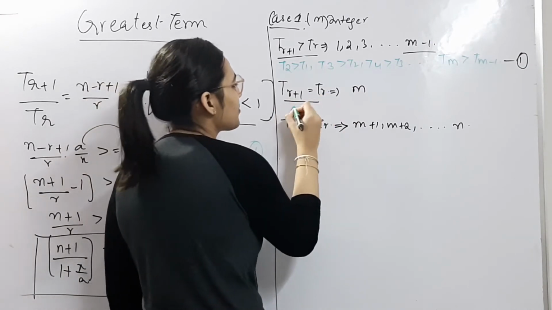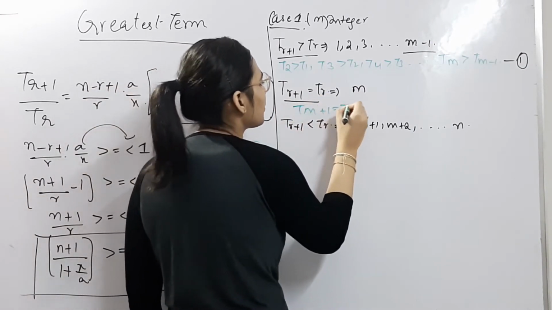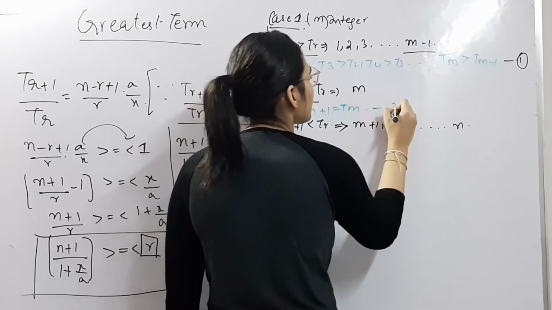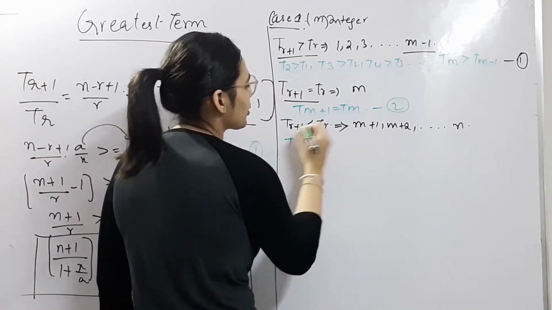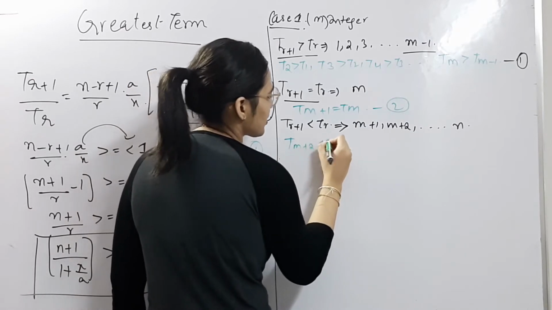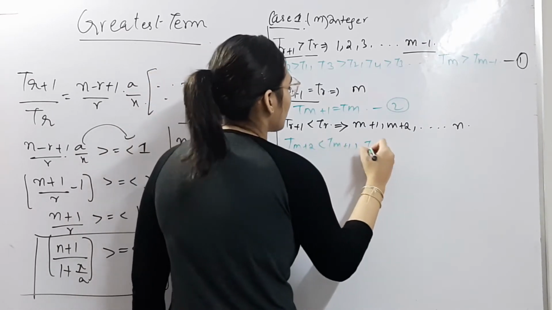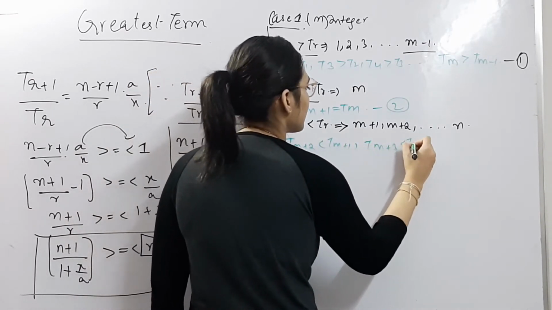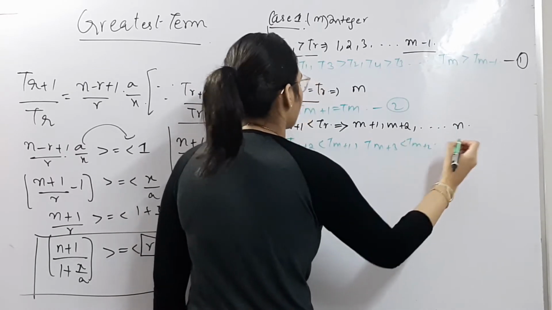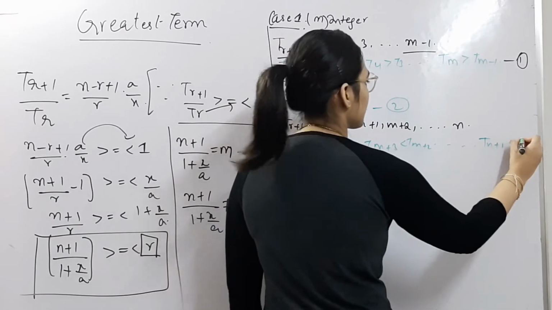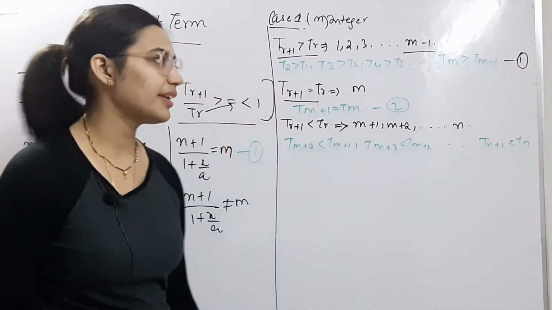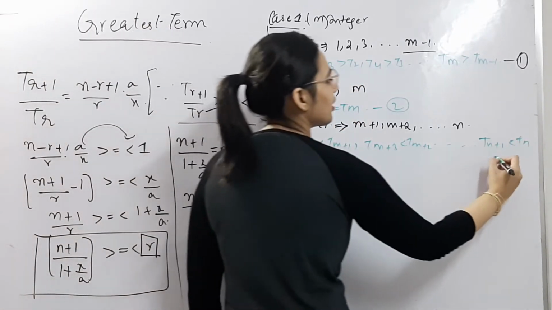If you substitute m here, we get T(m+1) is equal to Tm. So this is the second result. Now what is the third result that we get? Substitute m plus 1 here. We get T(m+2) less than T(m+1), T(m+3) less than T(m+2) and so on. We get T(n+1) is less than Tn. Right? So this is 3.